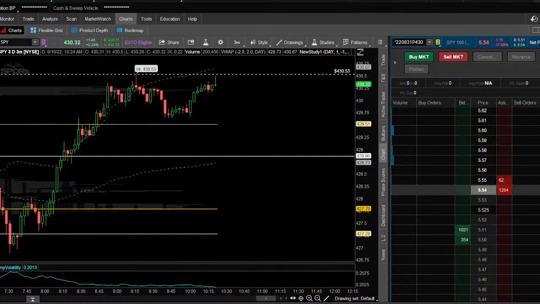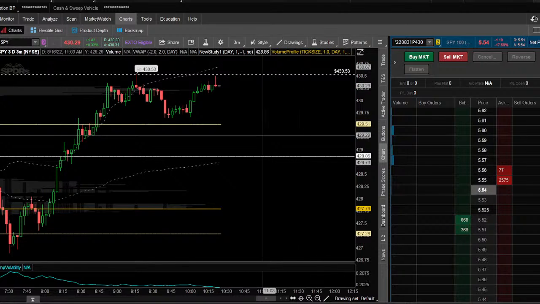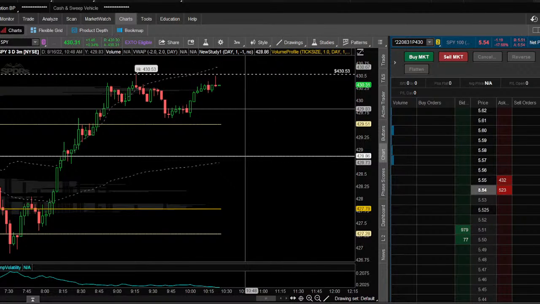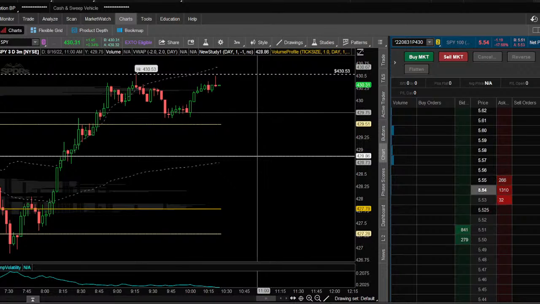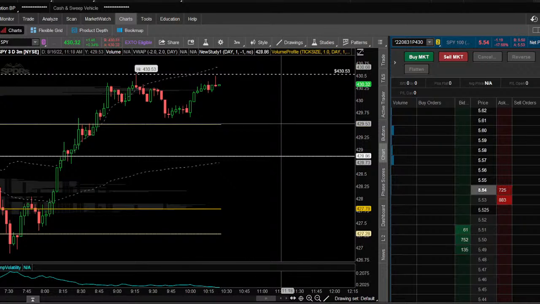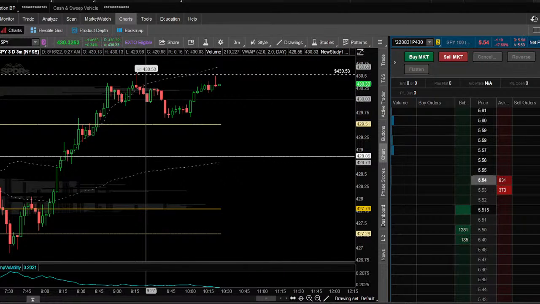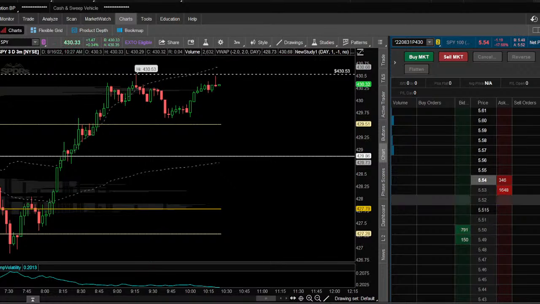So this is a contract that I'm looking at. I'm looking at the August 31st, 430 put. We'll see how it does. I like to try to trade stocks that have the bid and ask on the option contracts not that far apart.